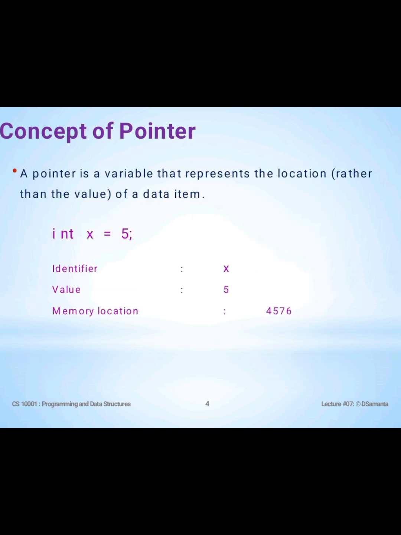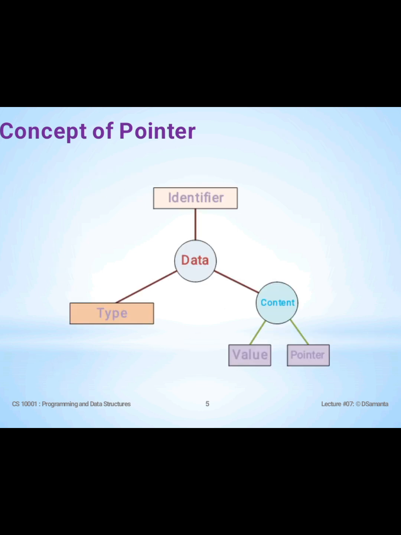A pointer is a variable that represents the location of a data item. int x = 5. Identifier is x, value is 5. Memory allocation 4576. Concept of pointer: data, identifier, type, content, value, pointer.